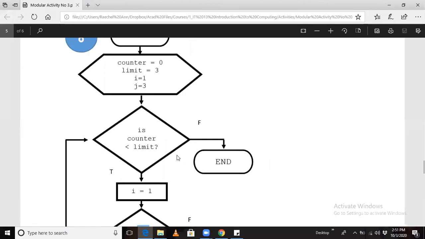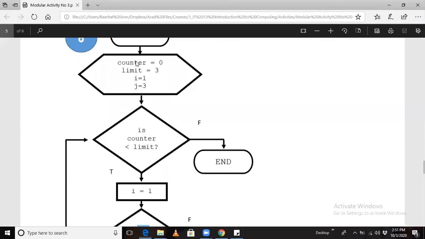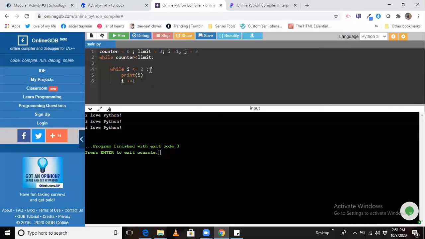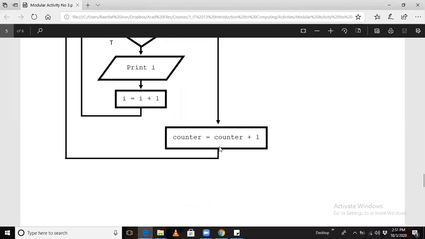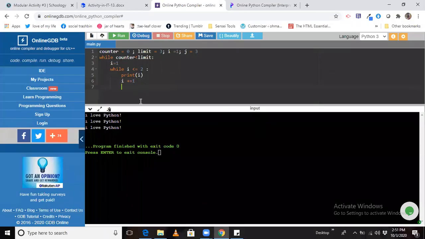Counter is less than limit. And then, so sunod yung instruction. I gets 1. And then the loop, and then yung increment counter.